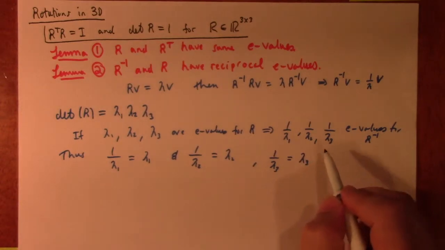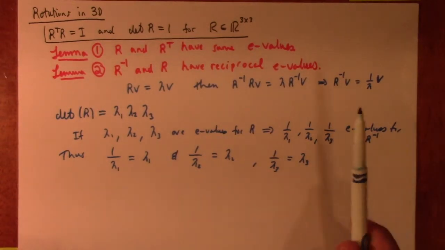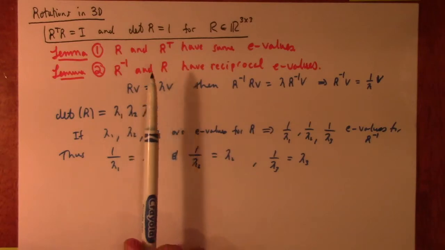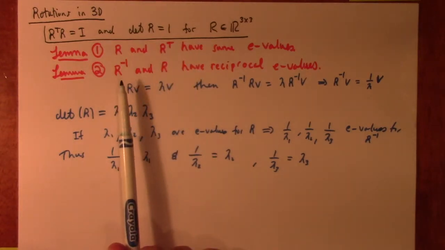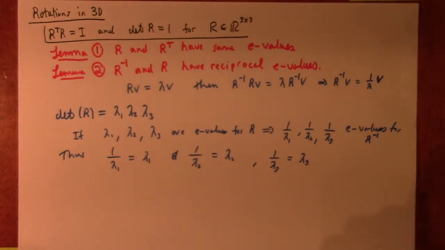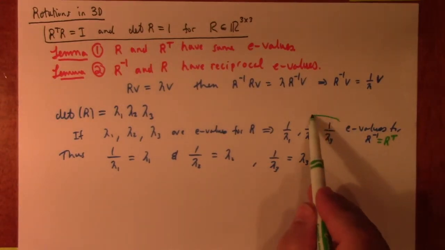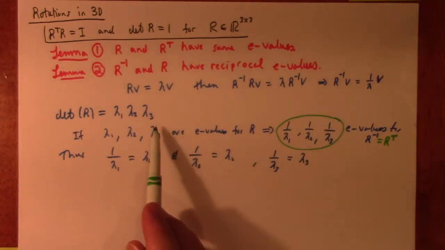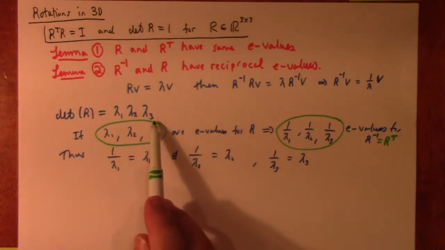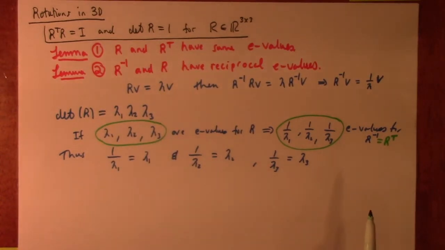Now stop and think about it for a second here. We're saying that the transpose, well, okay, so this is interesting. But the thing about R inverse is R transpose, right? So these values have to be the same as those values. Well, that's weird.